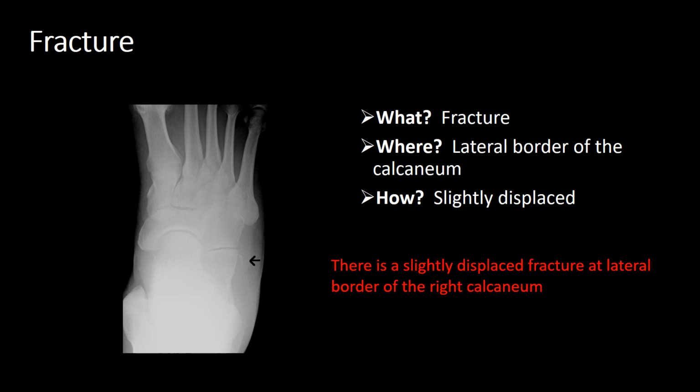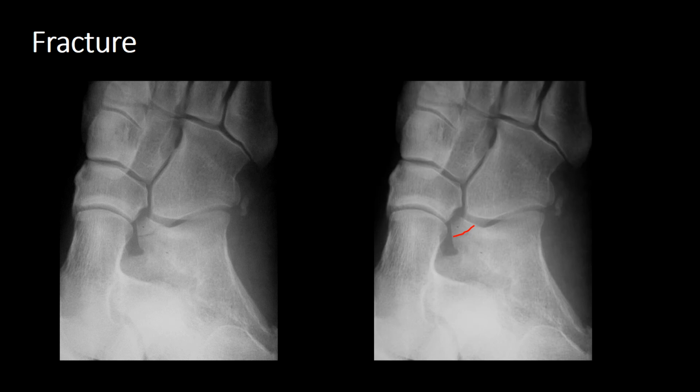So what is it? It's a fracture at the lateral border of the calcaneum, and it's slightly displaced. We're very familiar with burst fractures of the calcaneum caused by compressive force, such as a fall from a height. But you can also get this additional area that can fracture.